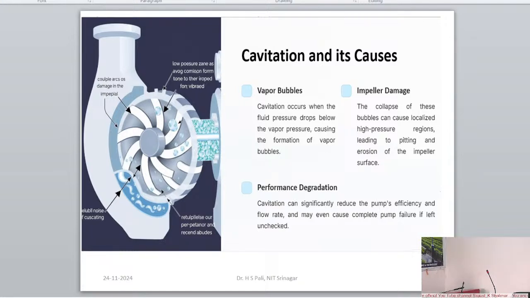There are two examples here. 73. One is the head is 20 meters and discharge is 125 gallons, or you can say 7.58 liters per second. If you choose this option, then the efficiency comes only to 67%.